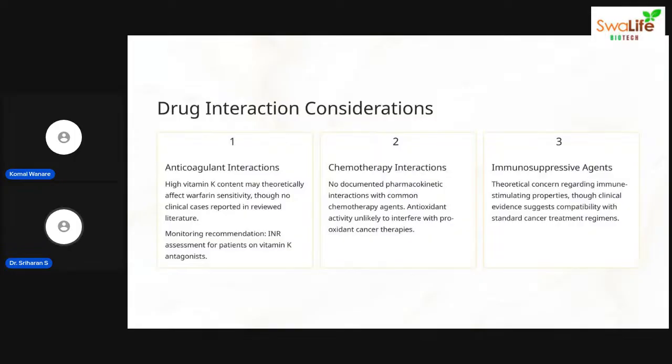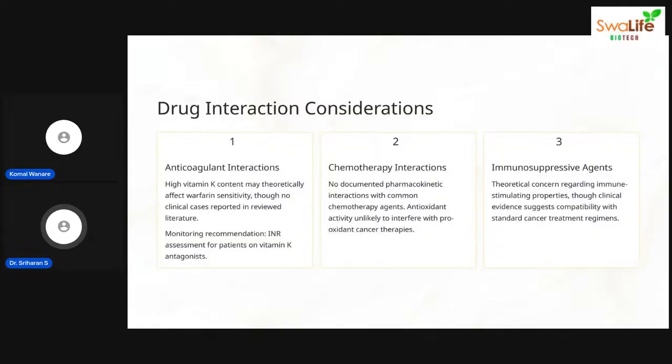So when taking an anticoagulant medicine like warfarin, we have to consider this, or we have to monitor the INR value while taking wheatgrass. Next, chemotherapy interaction. Here also there is no documented pharmacokinetic interaction during chemotherapy stages.